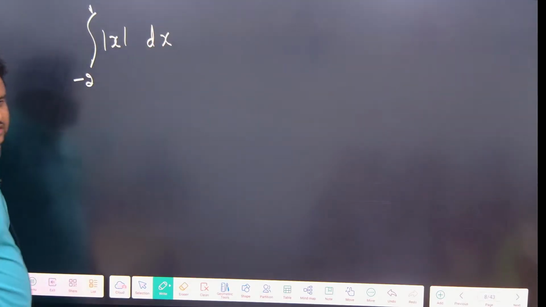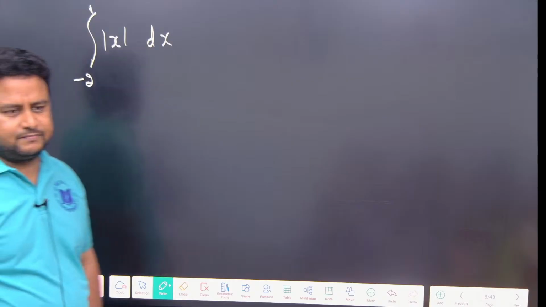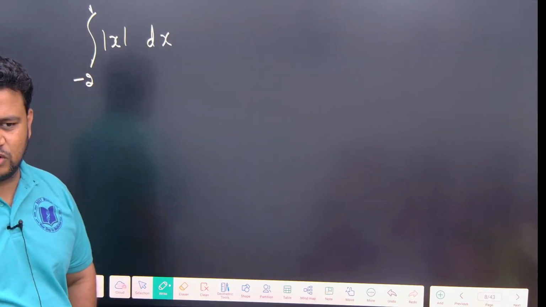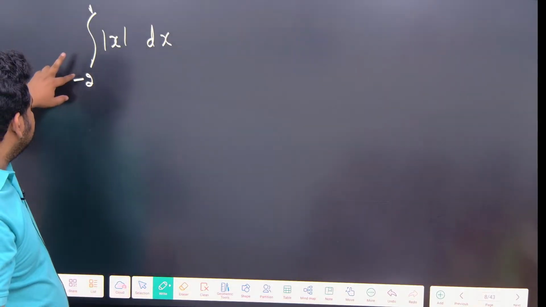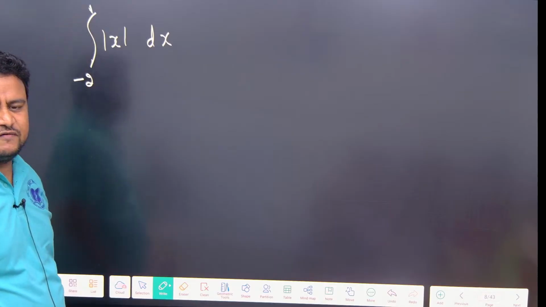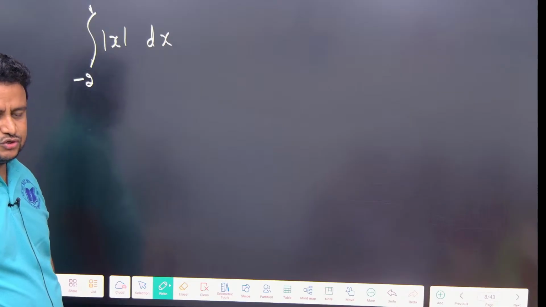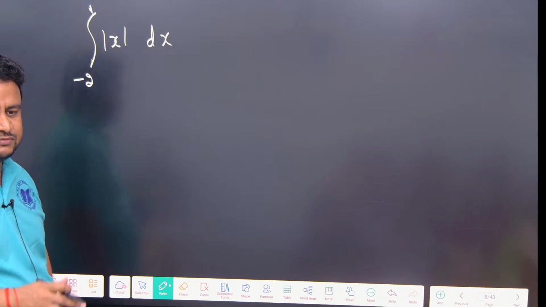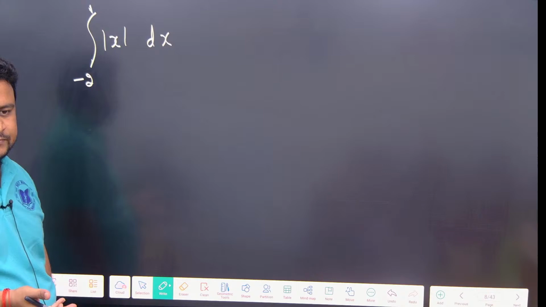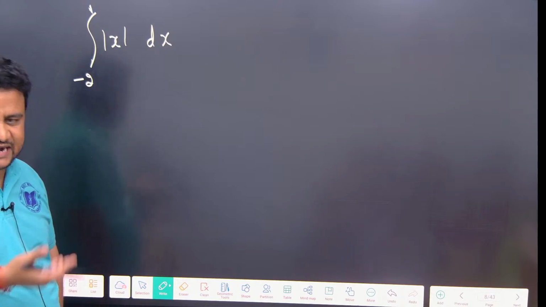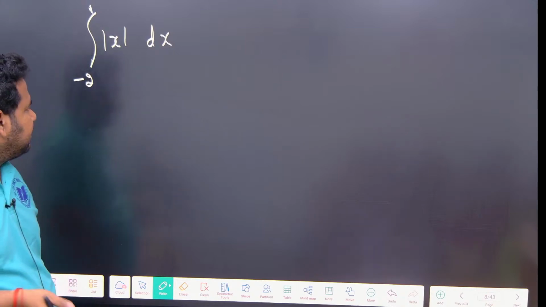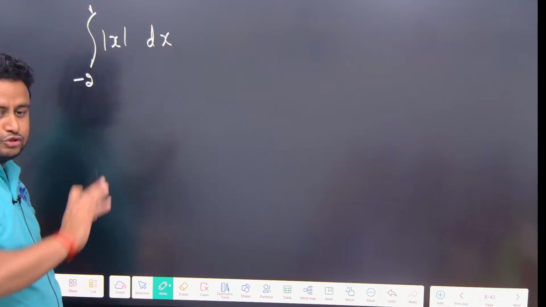Between minus 2 and 1, what are the values that we have? Minus 1, 0. You may be thinking whether I should take minus 2 to minus 1 or minus 2 to 0; that confusion you will have. You cannot take any value randomly. You should not split like minus 2 to minus 1, then minus 1 to 1.